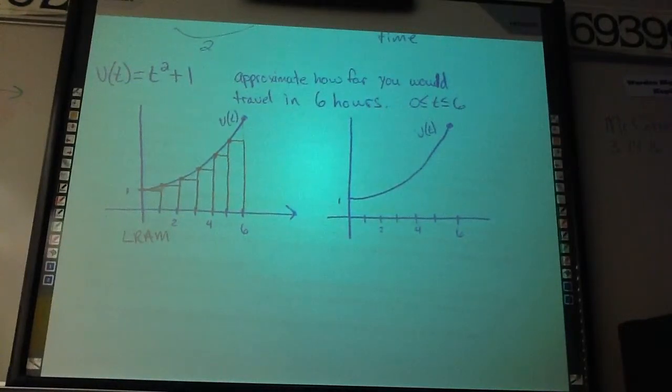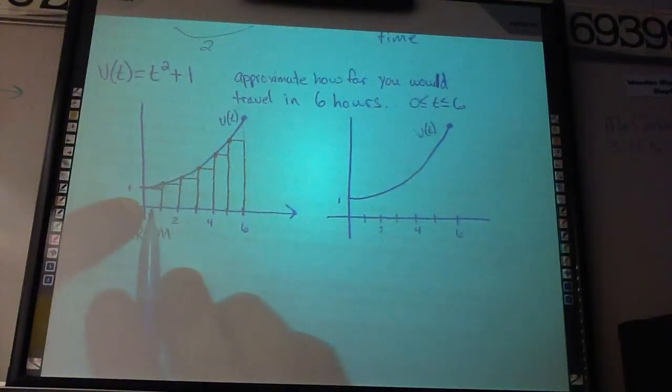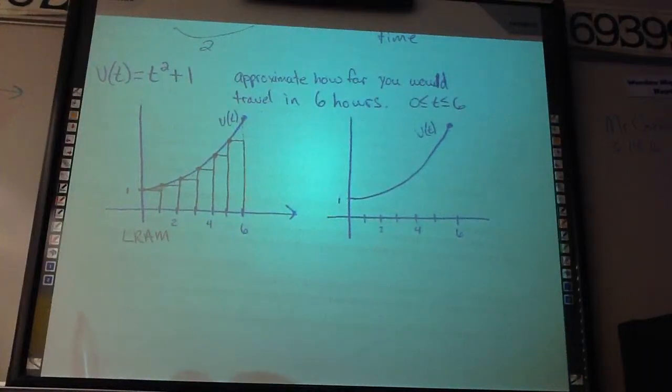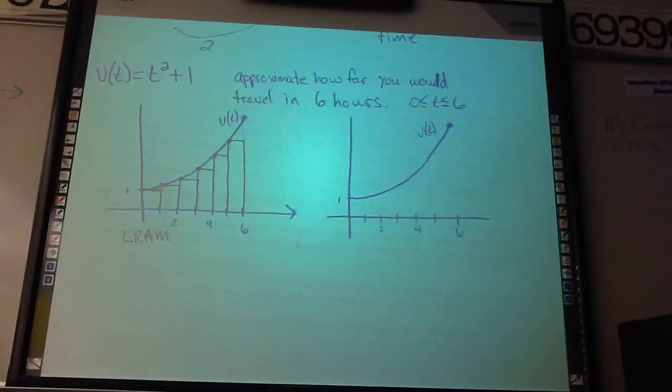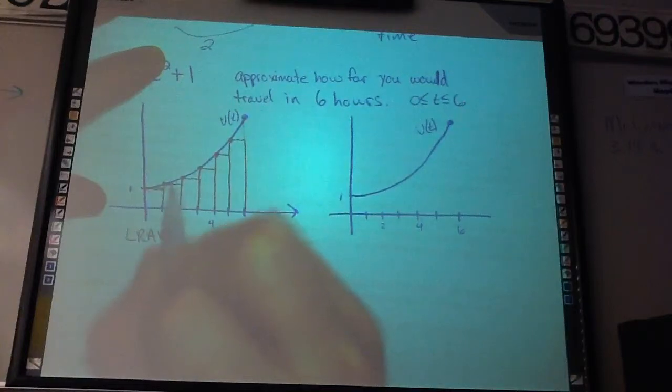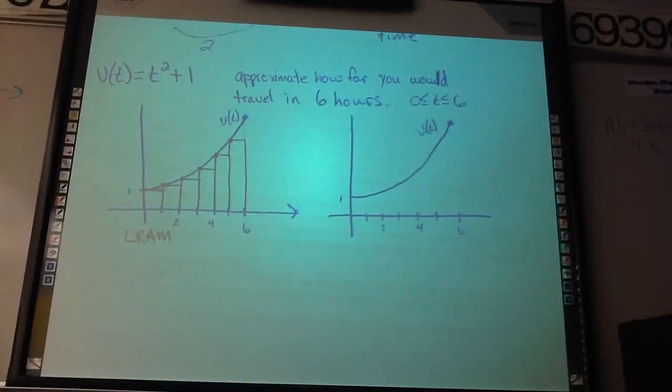We could have made our rectangles smaller. We could have made the bases of them smaller and only gone like half an hour for each rectangle. And the smaller you make your rectangles, the more accurate you'll become because you'll have less space. But for this one, we're just going to do the intervals are 1.